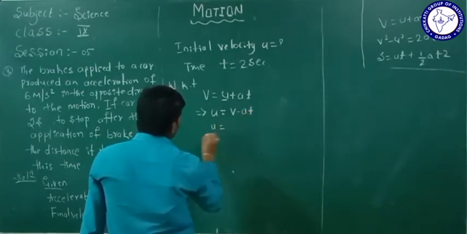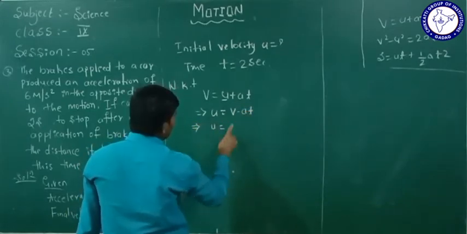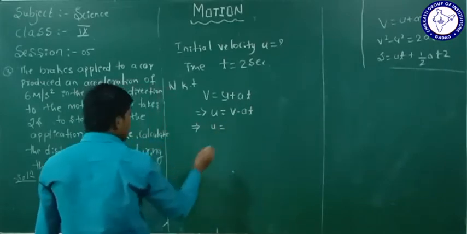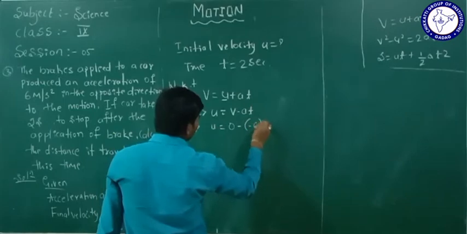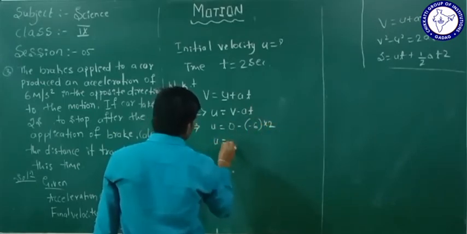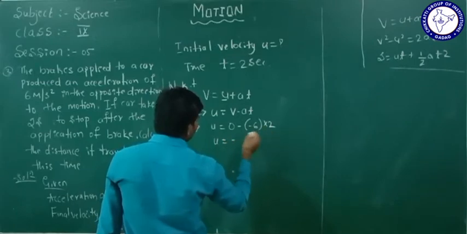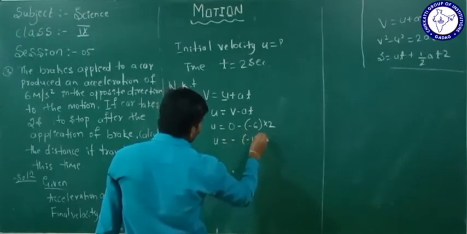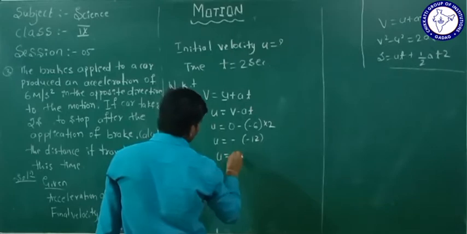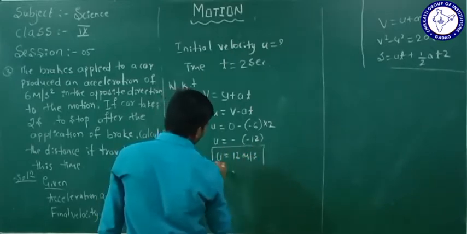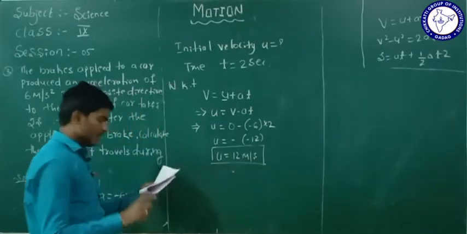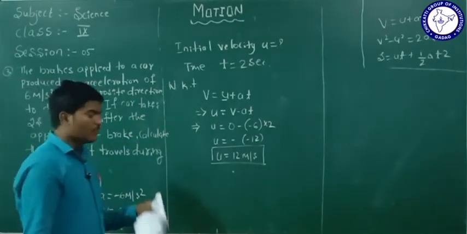The value of V here is 0 minus A, which is minus 6 meter per second square, into T, which is 2. That is, U is equal to minus of minus 12. That is, U is equal to 12 meter per second. We get the value of initial velocity here, that is U is equal to 12 meter per second.